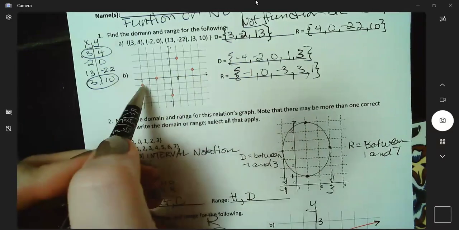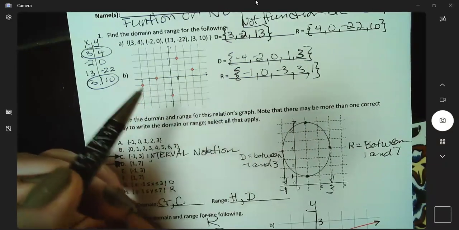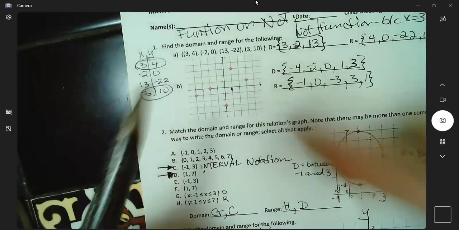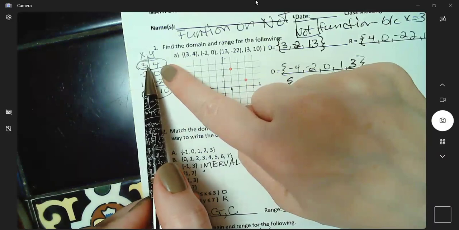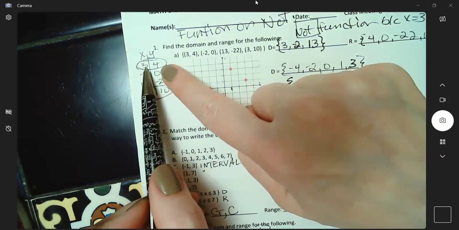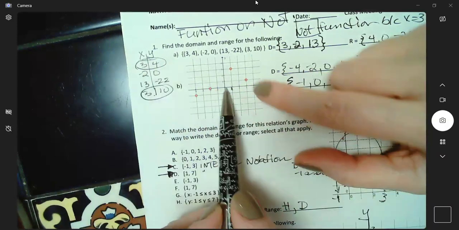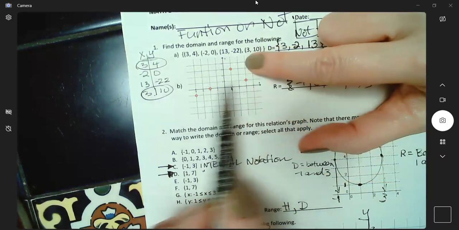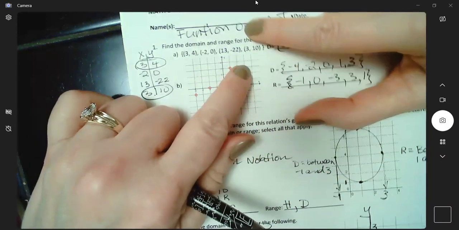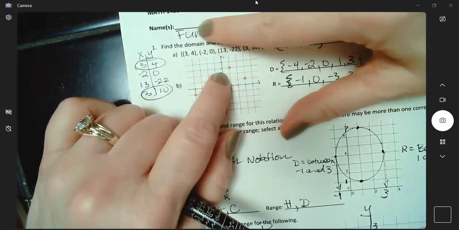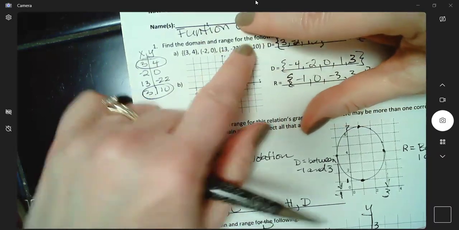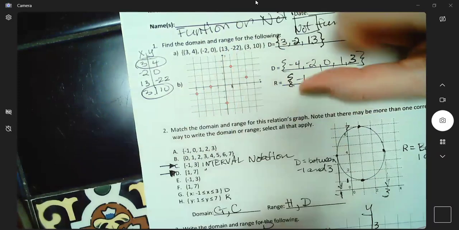Okay, so if you have a picture like this, it's actually pretty easy on a picture once I explain it to you. Here's a case where we know this is not a function based on the definition of a function being that all the X values are different. If I have 3, 4, I go over 3 and up 4, and then I have 3, 10, so then I go over 3 and up 10, I'll have these 2 points that have the same X value. They just went up a different amount. So they're stacked up vertically right on top of each other.